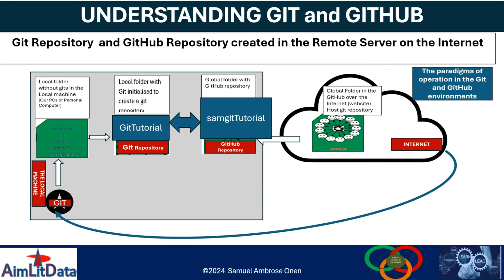So we have a Git repository set up on our local machine, local computer, and we have a GitHub repository set up on GitHub, and then we have linked it to the local repository and cloned a copy as well to our local machine. That is what we have done. I'm just going to go through it to clarify some of the areas that I did not explain properly. So let's get started.